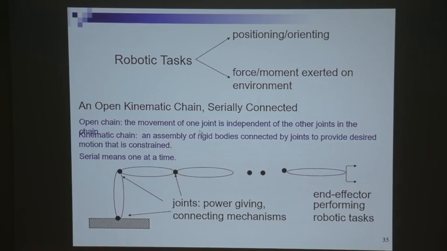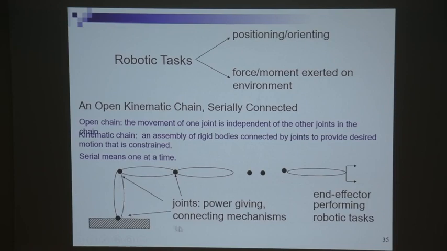So it deals with an assembly of rigid bodies. Serially connected means one at a time; parallel means you have multiple at one go. So this is the base of the robot manipulator. You have the joint, which is the power-giving connecting mechanism, and then you have the link.